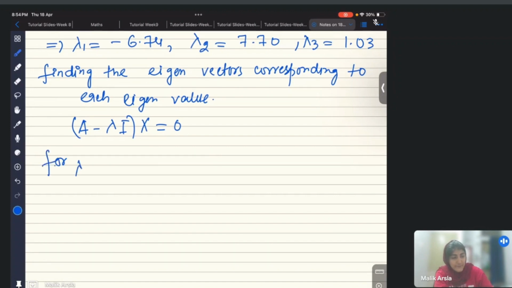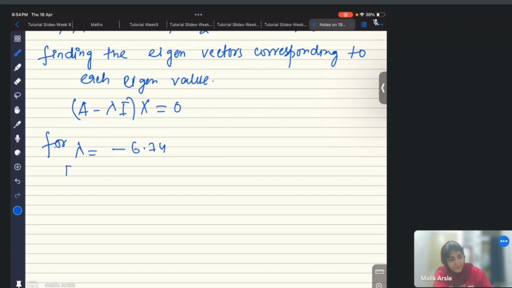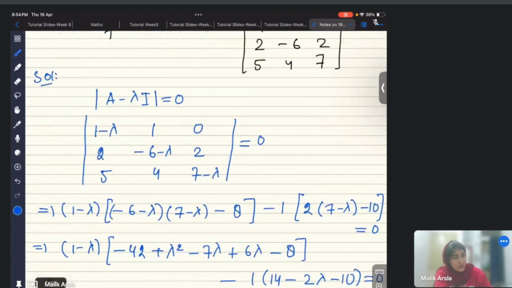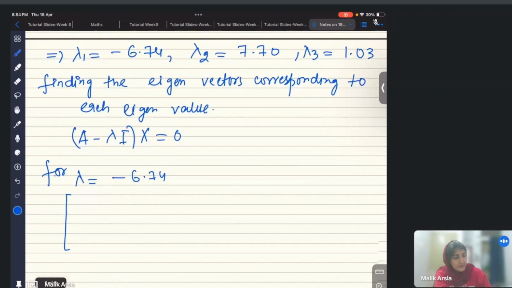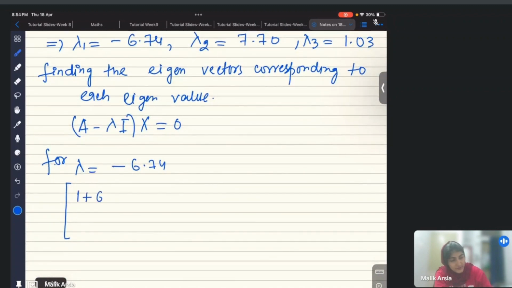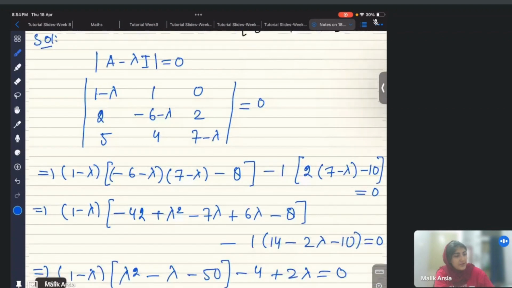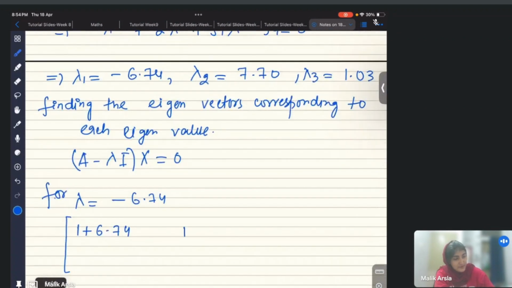So for lambda equal to minus 6.74, it will be simply 1 minus lambda, that is 1 plus 6.74, and the remaining entries are as they are, 1 and 0.